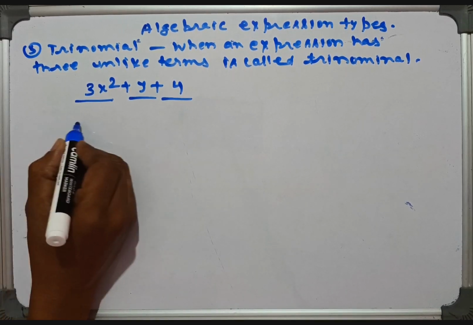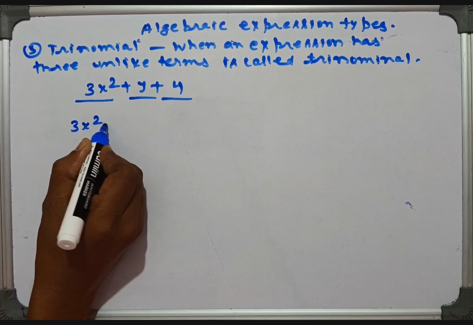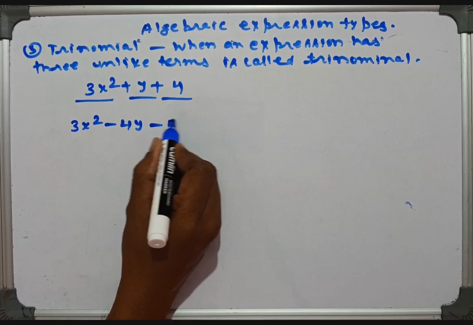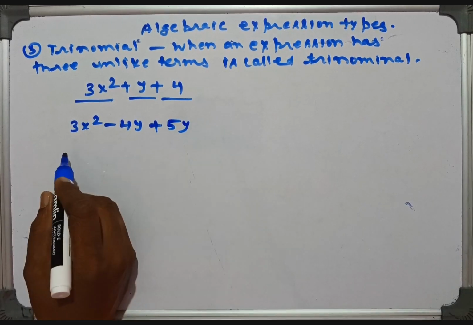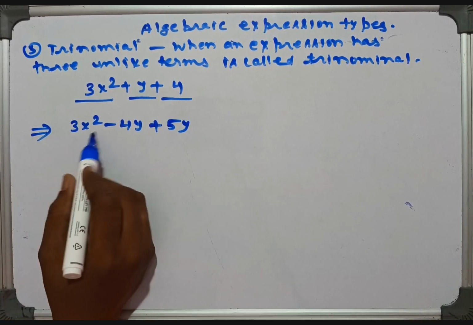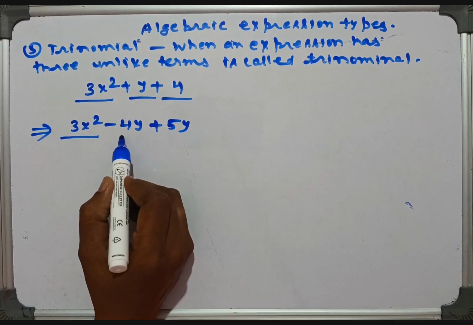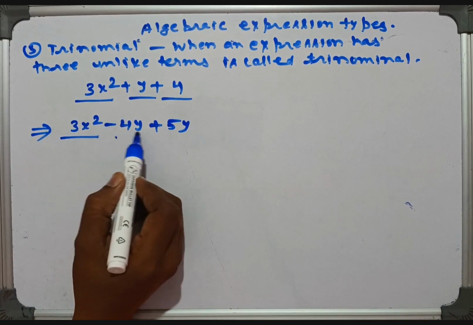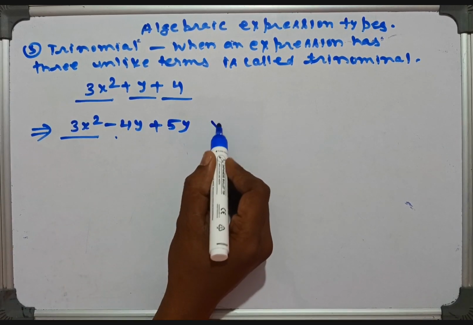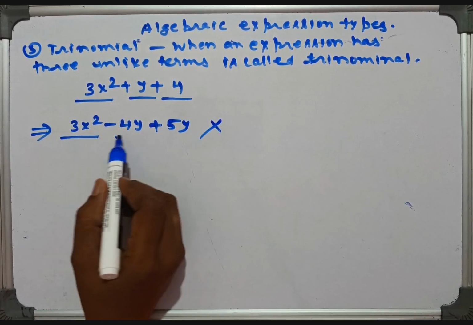Guys, can we say this one is a trinomial? Here there are three terms, 3x square minus 4y plus 5y. So guys, our answer is no. Why?